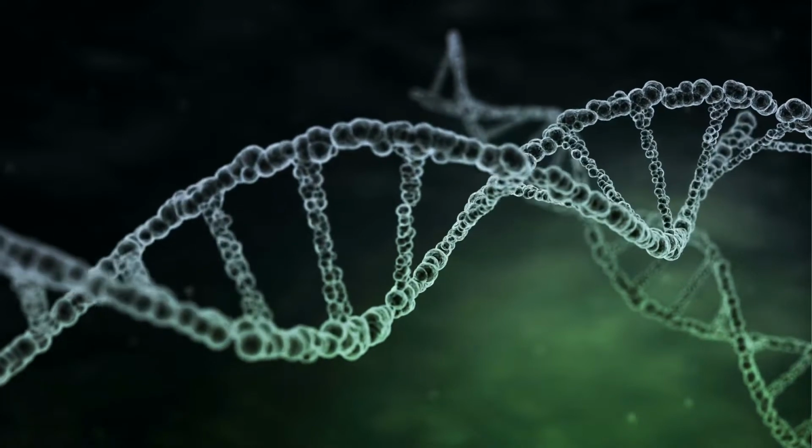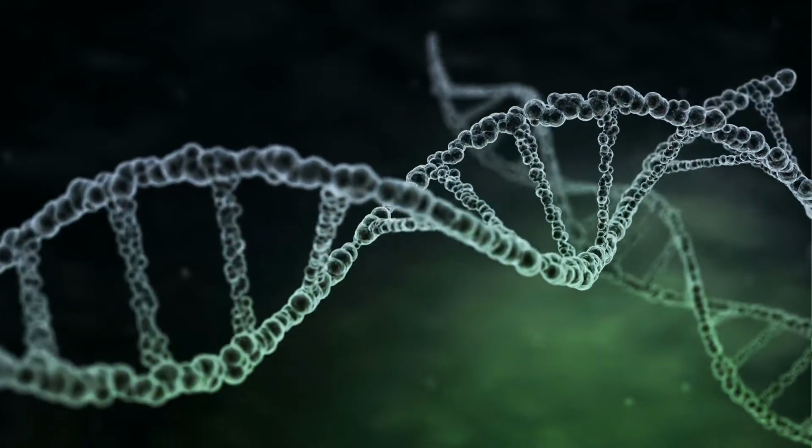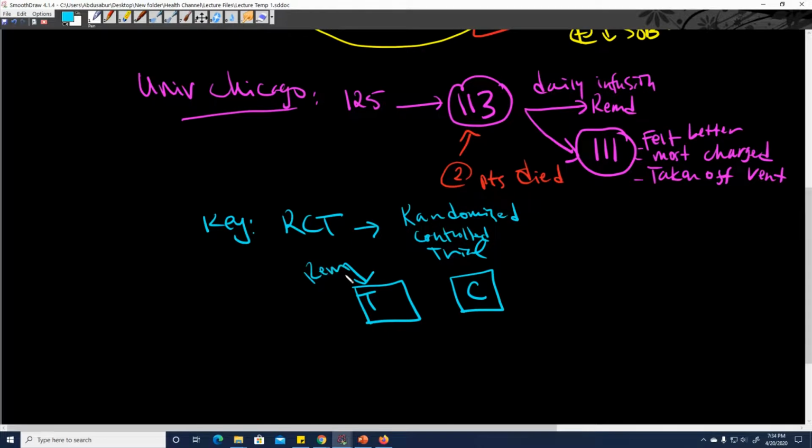Here we have the control group, and you give Remdesivir to this group, and this group, they don't get any treatment. And over time, you follow them and look at the patients that develop disease versus those that don't develop the disease, and you compare the two patient populations.